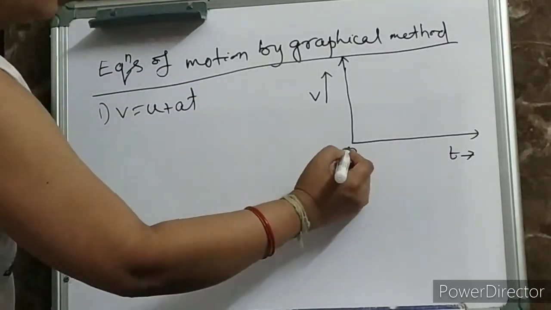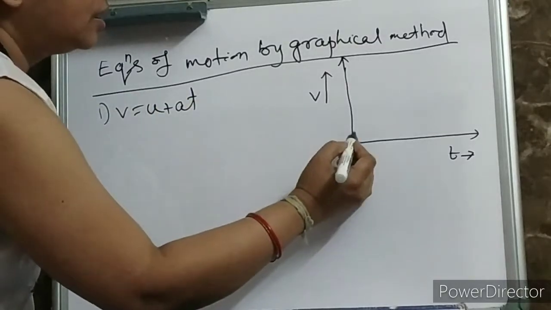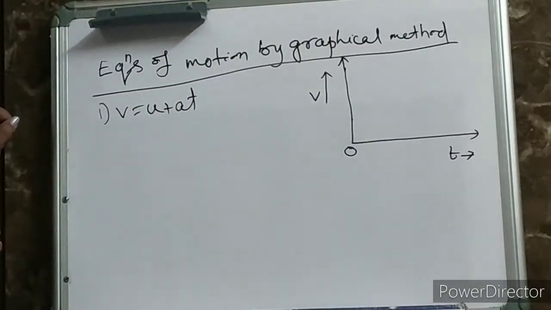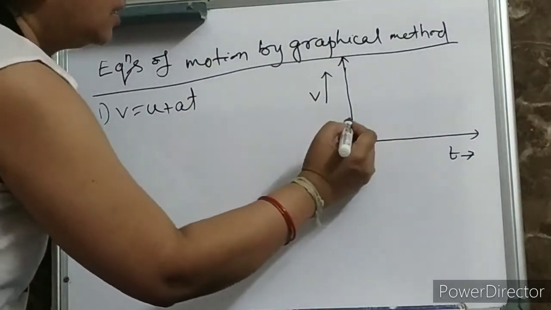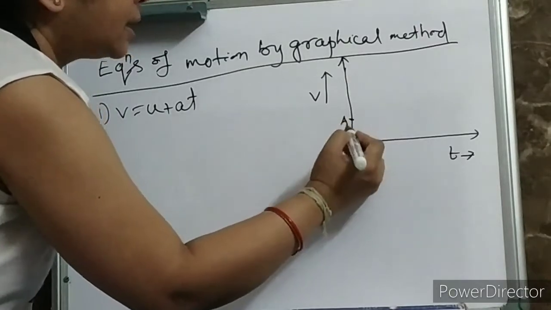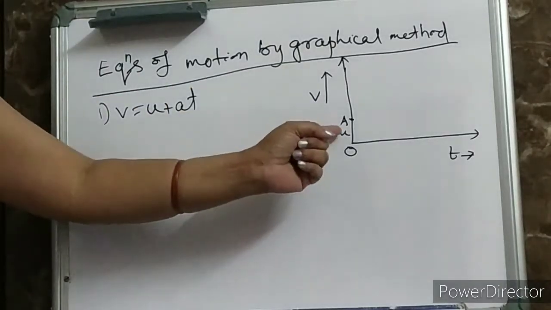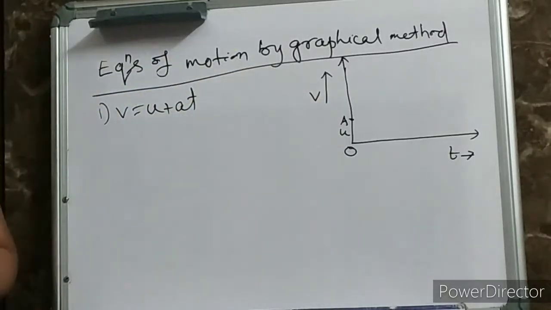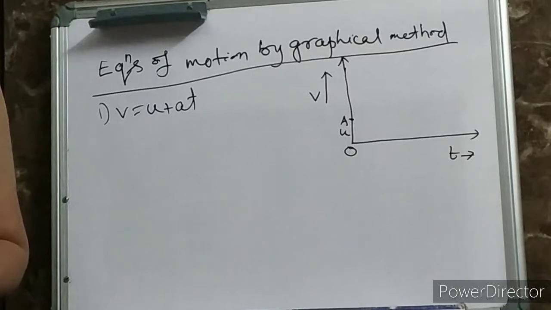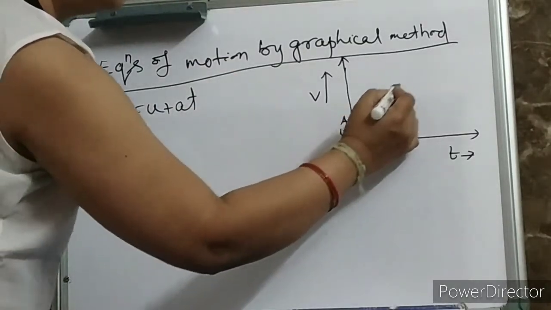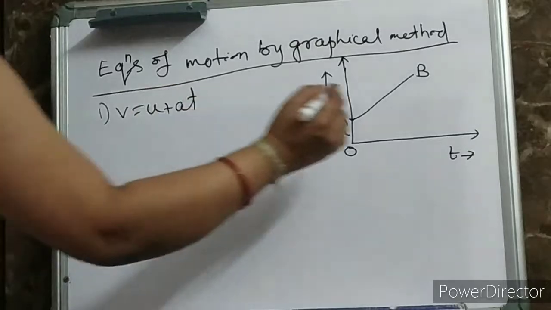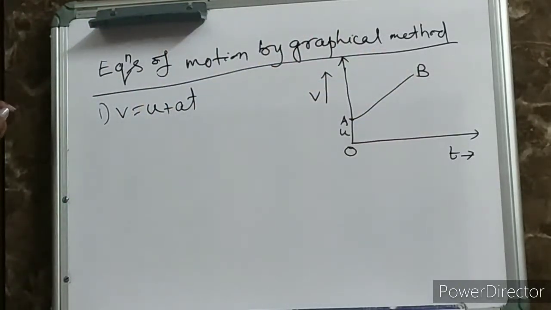Let the starting point be O, and at point A it has got velocity U. So the initial velocity of the body is U, at point A. Now the velocity is changing at a uniform rate, from A to B. Now the velocity becomes V. Your velocity changes at a uniform rate from A to B in time T.